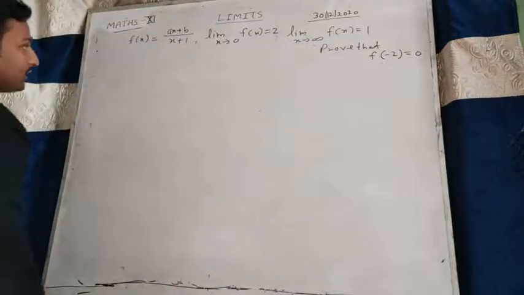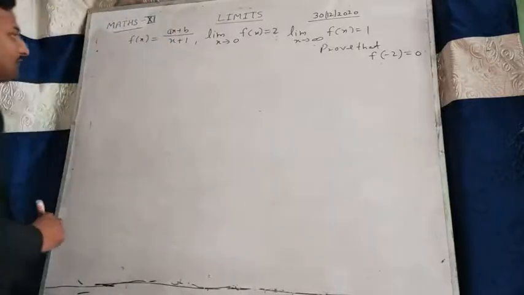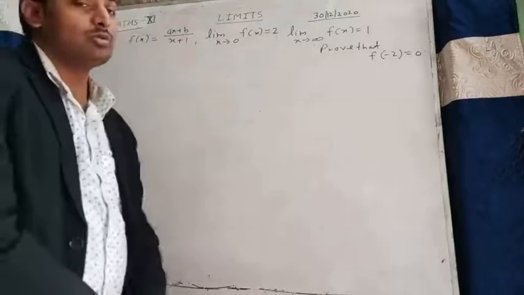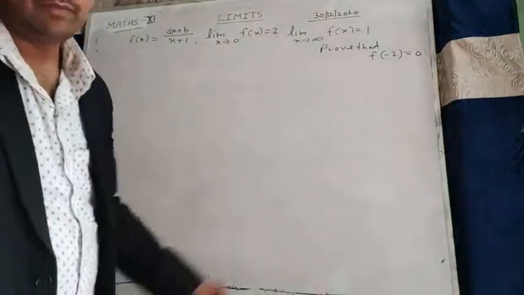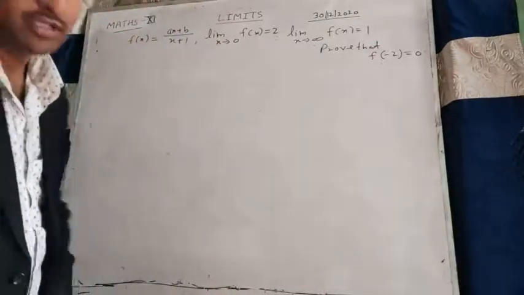Okay student, so this is the information about this question, in which we are given f(x) is (ax plus b) by (x plus 1), and limit x tends to 0, f(x) is 2, limit x tends to infinity, f(x) is 1. Then we have to show that f(-2) is equal to 0.